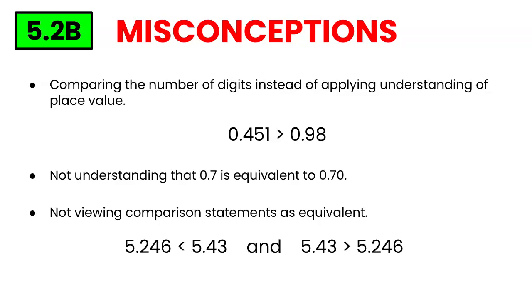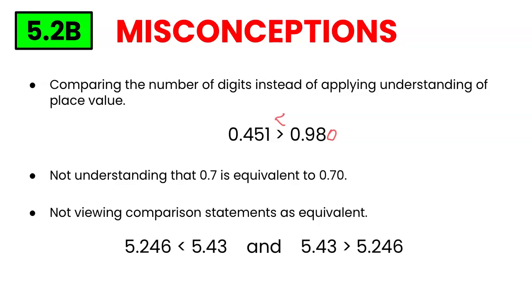We're comparing 451 thousandths to 980 thousandths. And so that means that this inequality sign would actually need to be reversed because the students have to be comparing place values. And so please be very careful that they are understanding that place value and not just comparing the number of digits.